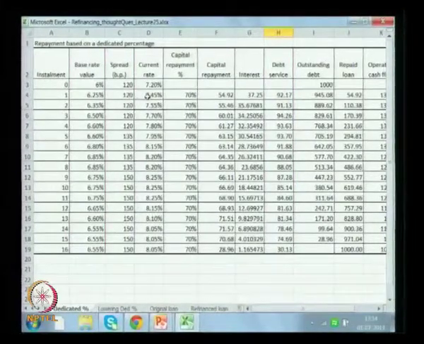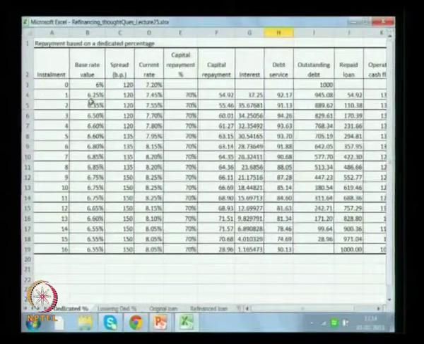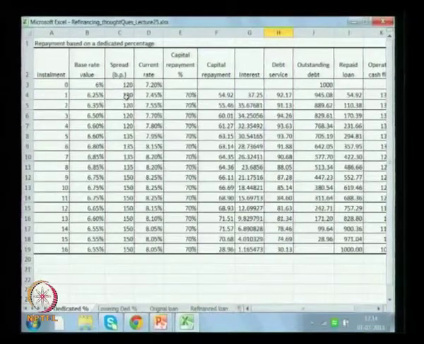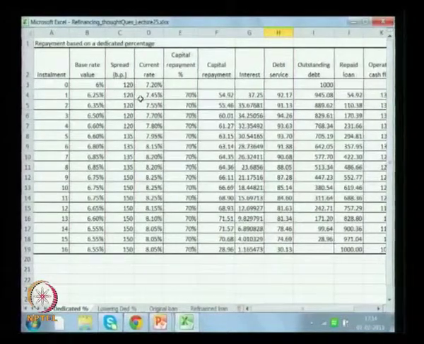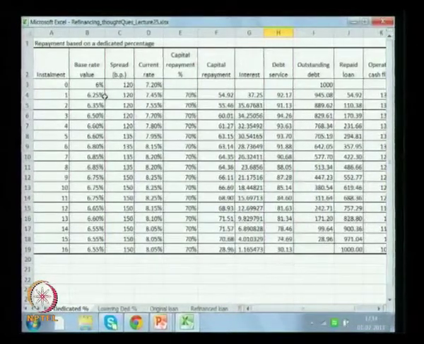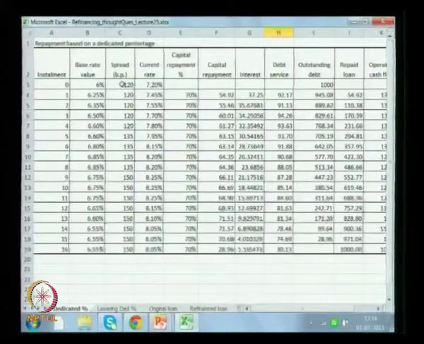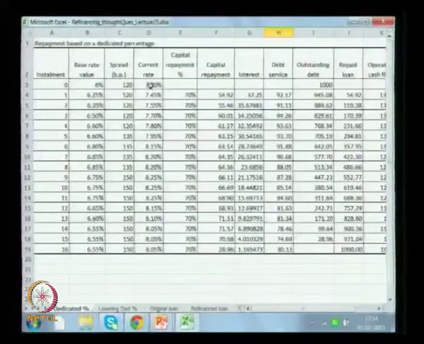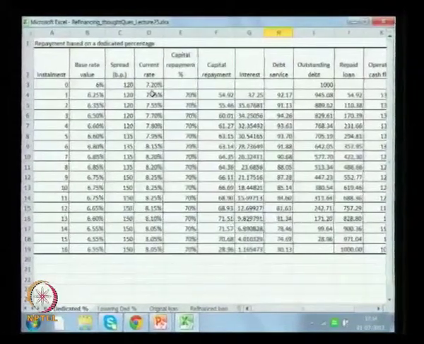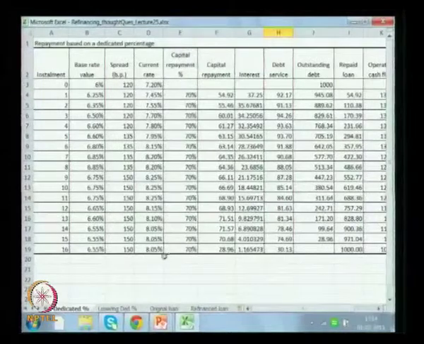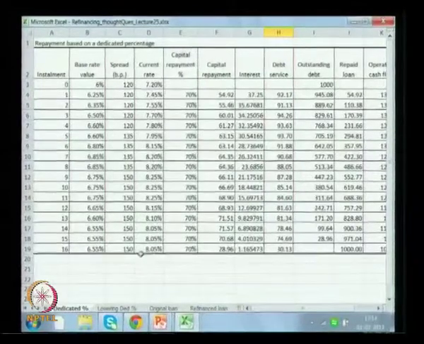So the current rate of 7.45% is 6.25% plus 120 basis points. We estimate the current rate based on the given base rate values and the spread, and the interest rates for the remaining installments are calculated the way we discussed for installment 1.